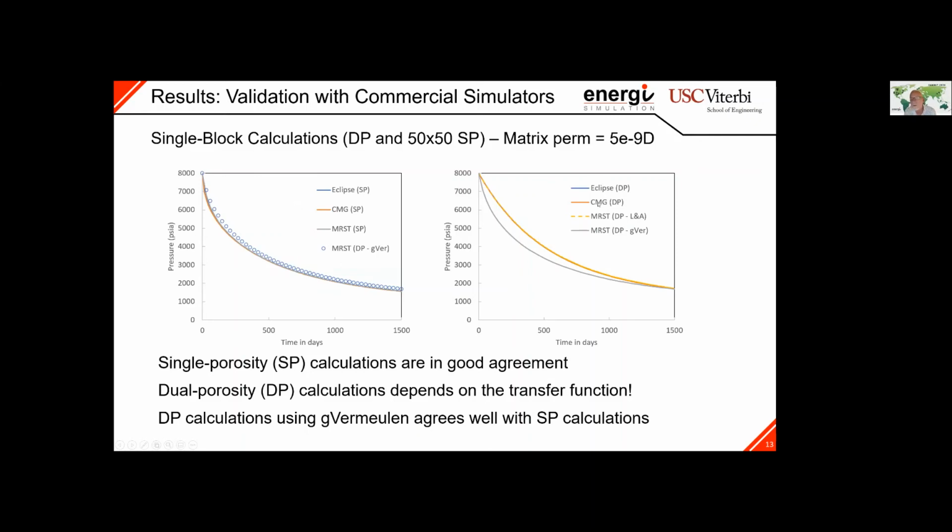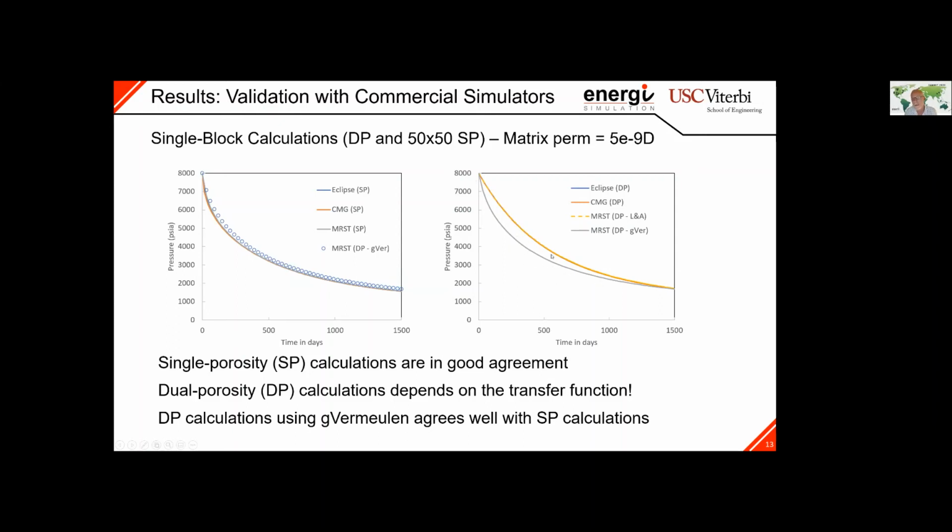Now, as we go to dual porosity representation over here, the picture changes. All the dual porosity models are based on the function introduced by Warren and Root, which are available in all the commercial tools, and they all agree. This is the behavior we should get. However, if we use the new formulation, we see a substantial departure by the gray line, particularly at early times.